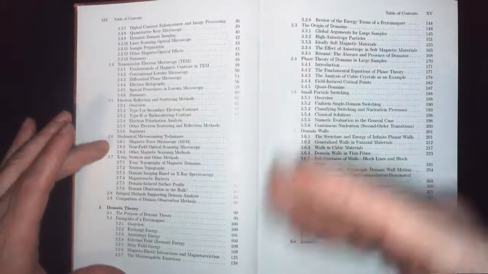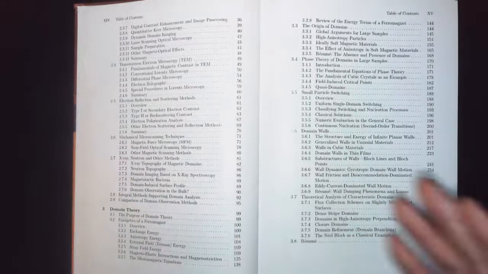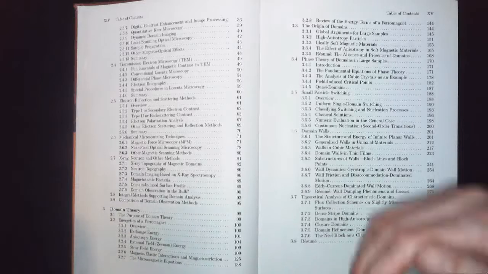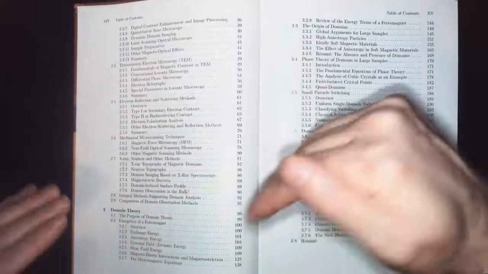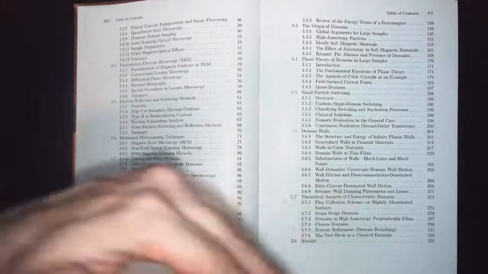In that case, it's a variant of the atomic force microscope. It's a scanning probe microscope of some sort. And so in an AFM, an atomic force microscope, you've got a very narrow, pointy bit at the end of a lever arm.